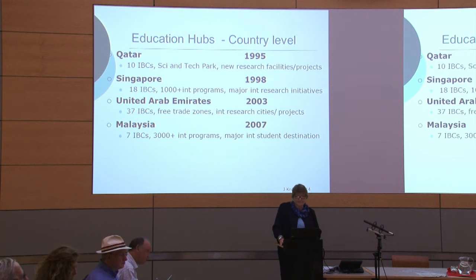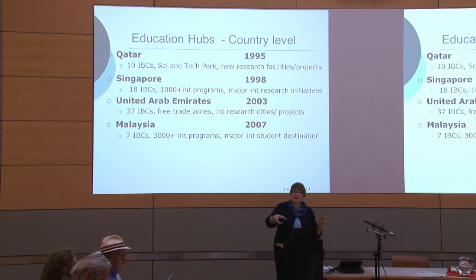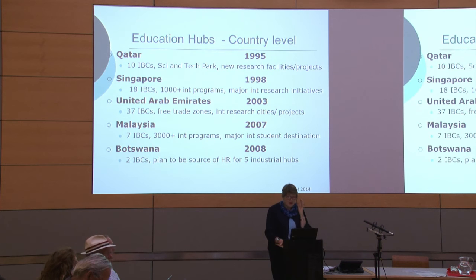Is that correct? Yeah. Anyway, Malaysia is a very interesting country because the government has it in their 2020, their 2040 plan. They have a very well-developed strategy to develop an education hub. They do have immigration and science and technology and industry. They have a very coordinated approach to developing an education hub.